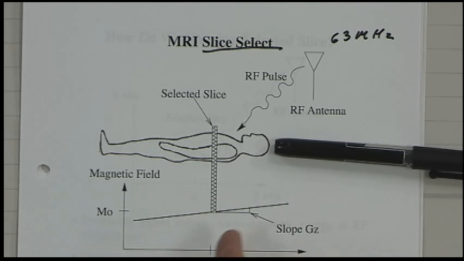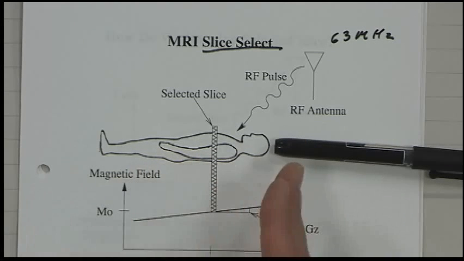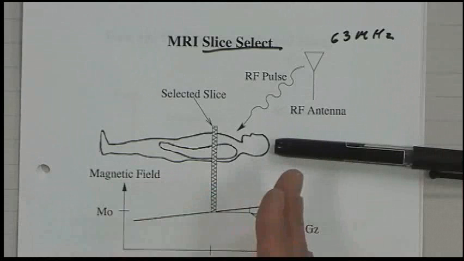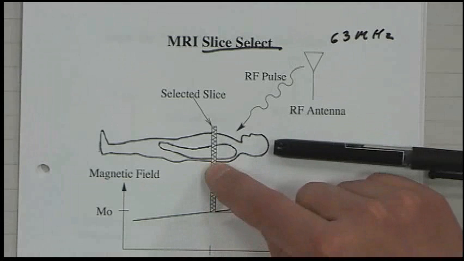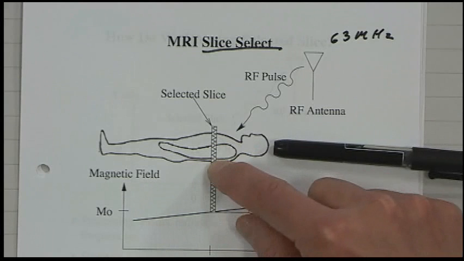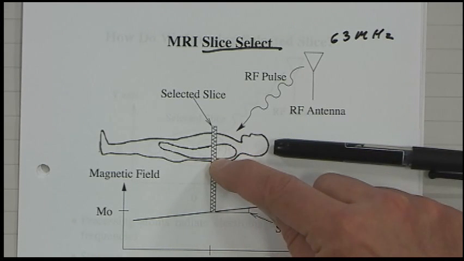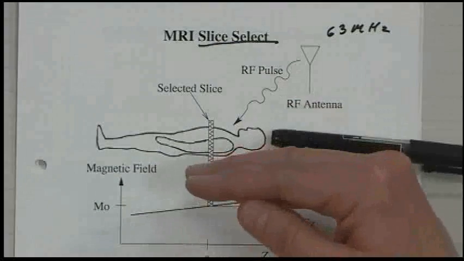When you send an FM signal, you have somebody's voice, and the voice controls the frequency of the oscillator, and as the frequency goes up and down, you demodulate it and you get the person's voice back, okay? It's the same concept here, where you modulate the frequency in the slice by changing the magnetic field. A changing magnetic field produces a different resonant frequency, so the frequency instantaneously shifts up and down, okay?